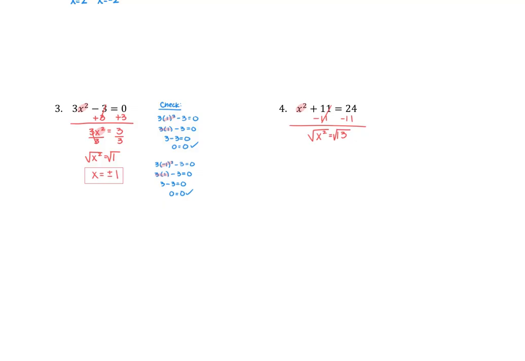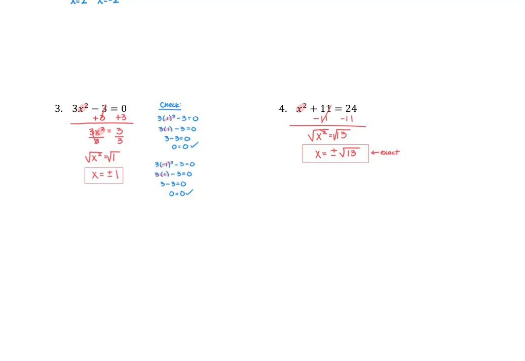Now, if I type that into my calculator, it's going to come out to a decimal. So in this case, I would simplify it with the factor tree. Well, 13 cannot be simplified to anything because it's prime. So I'm going to leave my answer as positive or negative square root of 13. That's my exact answer.